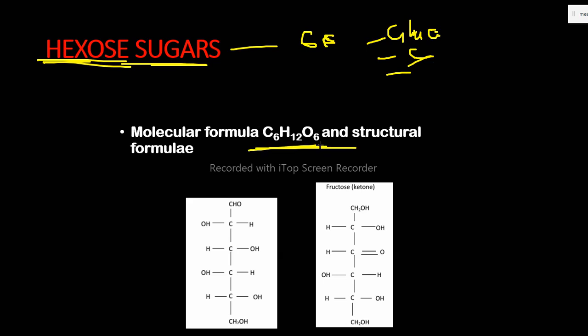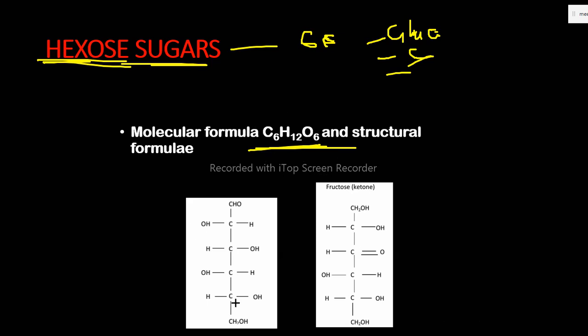The formula is the same, but they have different structures. In other words, they are isomers. We studied isomerism in chemistry, so you know what isomers are and how they behave. They have the same molecular formula, but the structure becomes different. So they all conform to this general formula.